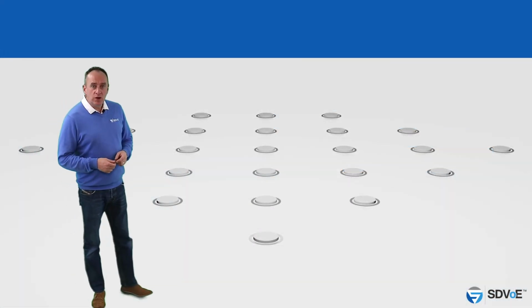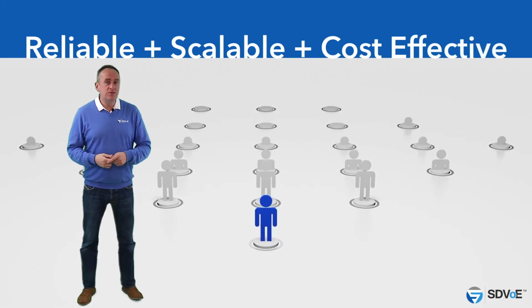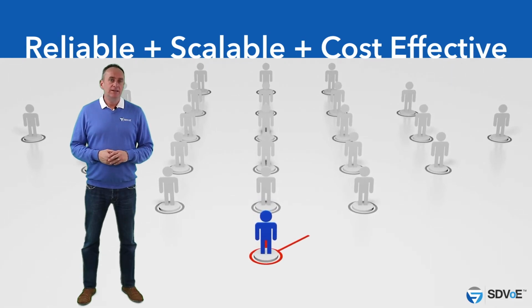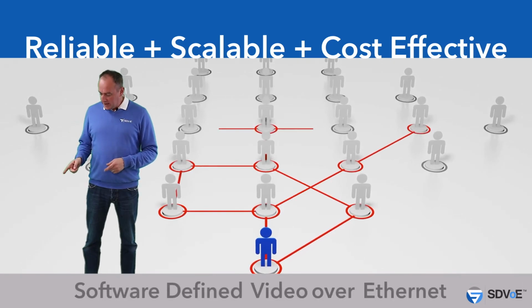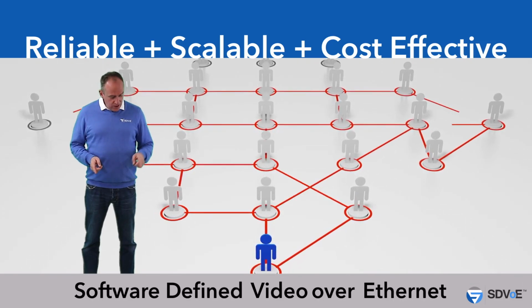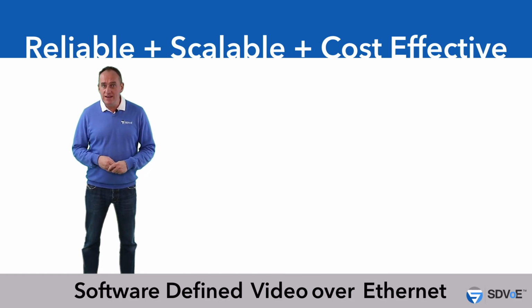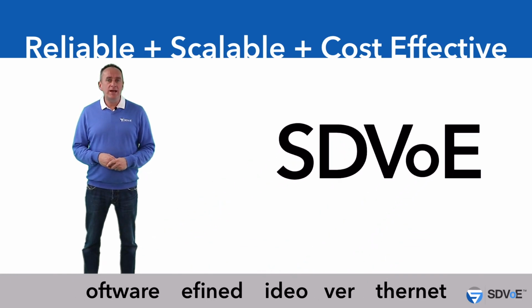Remember, if your client requires a reliable, scalable, cost-effective video distribution system which matches the performance of the matrix switch, the only solution that you can offer which meets this scope is software-defined video over Ethernet. Being an AV professional who works alongside an IT professional is old news. The future is true convergence of AV and IT, and SDVoE is the only real way to achieve this.